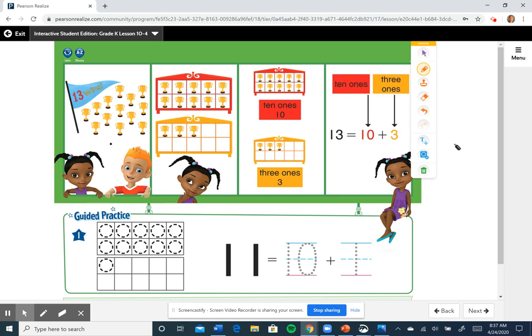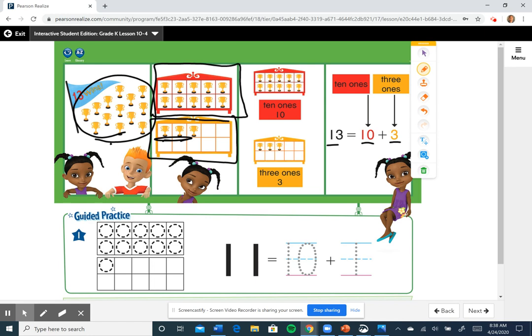So just like this, see our pictures up here, we have all kinds of trophies, and they're putting them in a trophy case. Only 10 can go in a trophy case, so there's 10, and then the leftovers are in the other trophy case, and there's 3. So there's 10 ones and 3 ones. So 10 plus 3 equals 13.